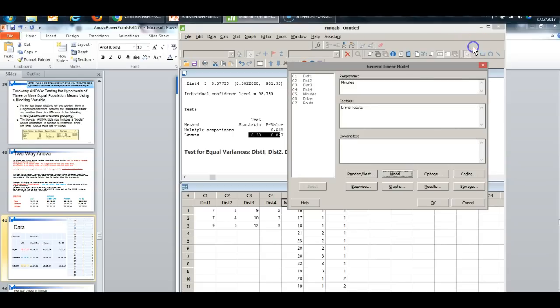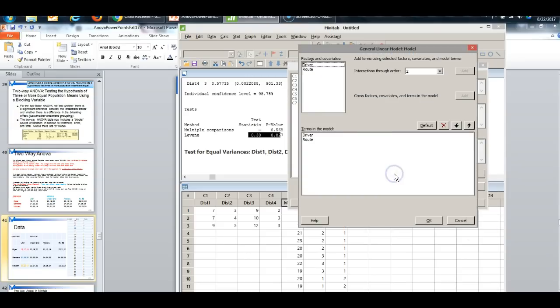So after we do the general linear model, minutes, driver, route, we're going to go to Model. I'm going to hit the shift key and then highlight both, because we're doing interactions. That is, how does the effective driver affect the route? How does the effective route affect driver? So we're going to add this interaction, and then we say, okay.